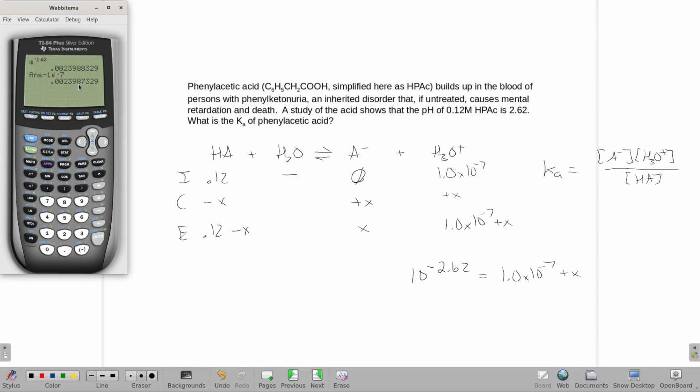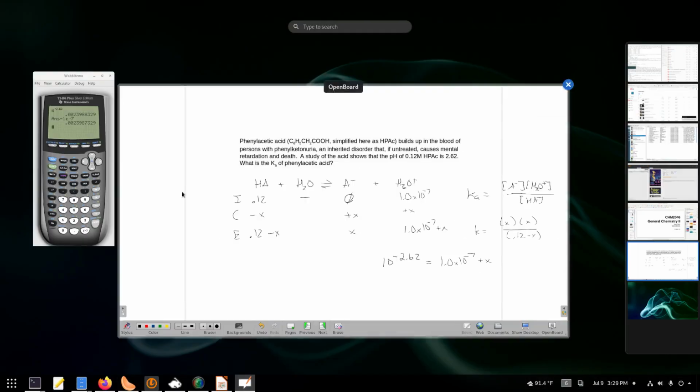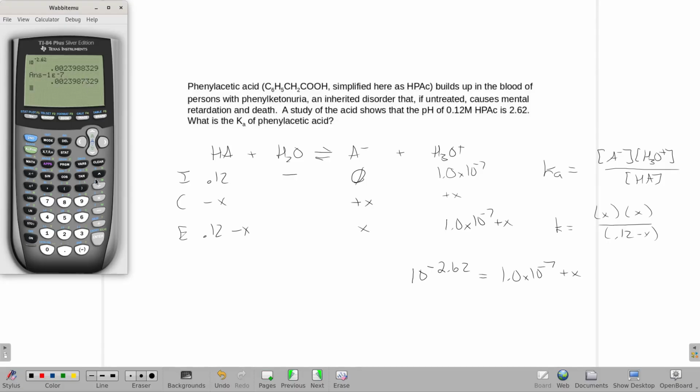Alright, we're going to essentially plug that into this. So our Ka is going to be that x times, I'm just going to say it's x again because we know it's close, it's going to have a small little error. And then we're going to just do 0.12 minus the x. So all I'm going to do to get this math, with that number in my calculator, I'm going to square it.